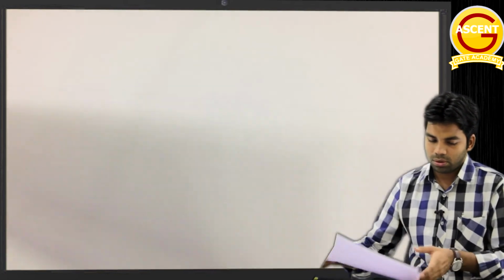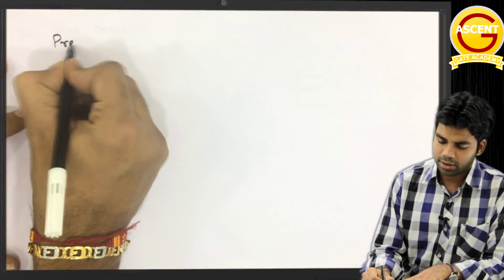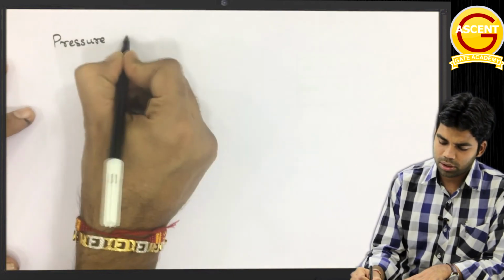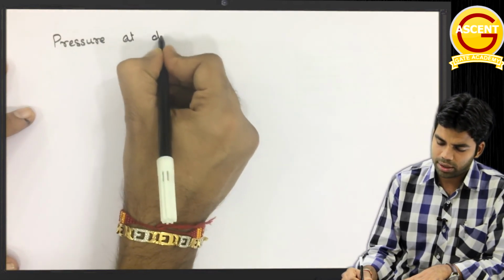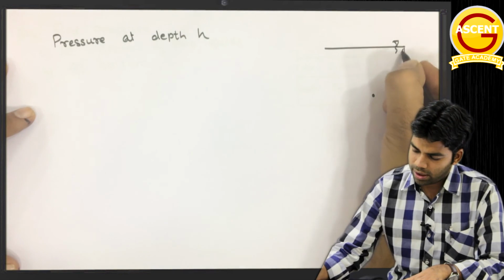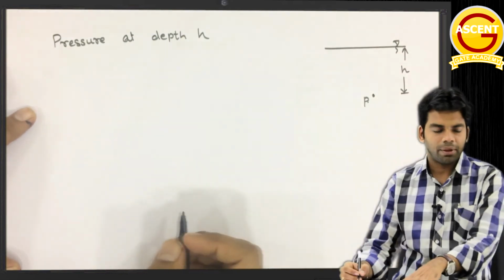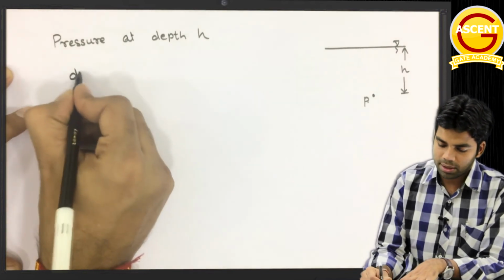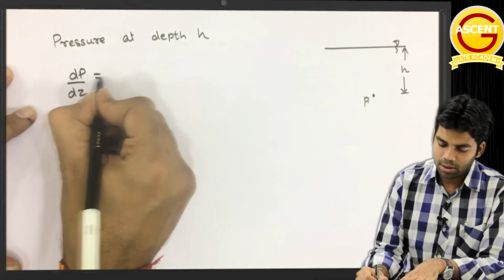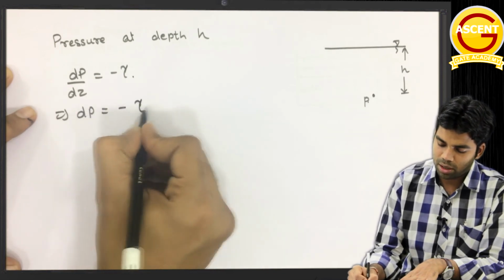Now coming to another conclusion from the same equation. What if I want to determine the pressure at height h, or you can say at depth h? Suppose we have this fluid surface, and at a depth h we want to determine the pressure at this particular point. We know dP by dz is equal to minus gamma, or dP is equal to minus gamma into dz.